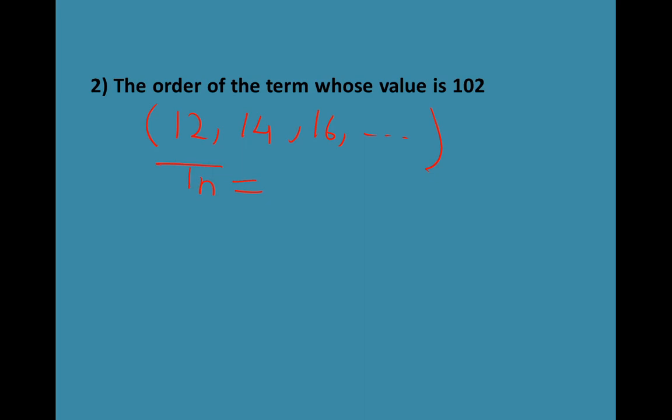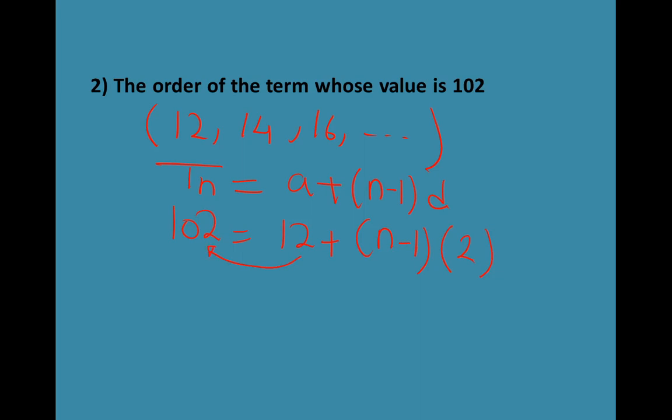Here, Tn equals A plus n minus 1 multiplied by d. The value of the term is 102. Here A equals 12, n minus 1 is an undefined value till now. We don't know the value of n, the order of the term, and the difference of this sequence equals 2.